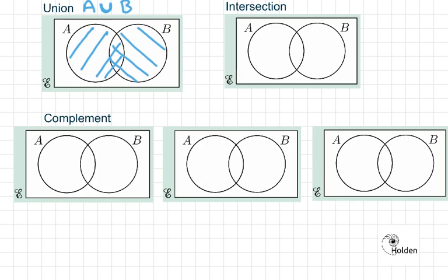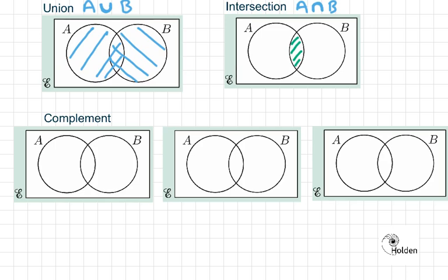So I can't shade it any neater. The intersection. Intersection is like the union symbol, but it's upside down. So the intersection of A and B is where A and B cross over. So the intersection is a subset of the union.